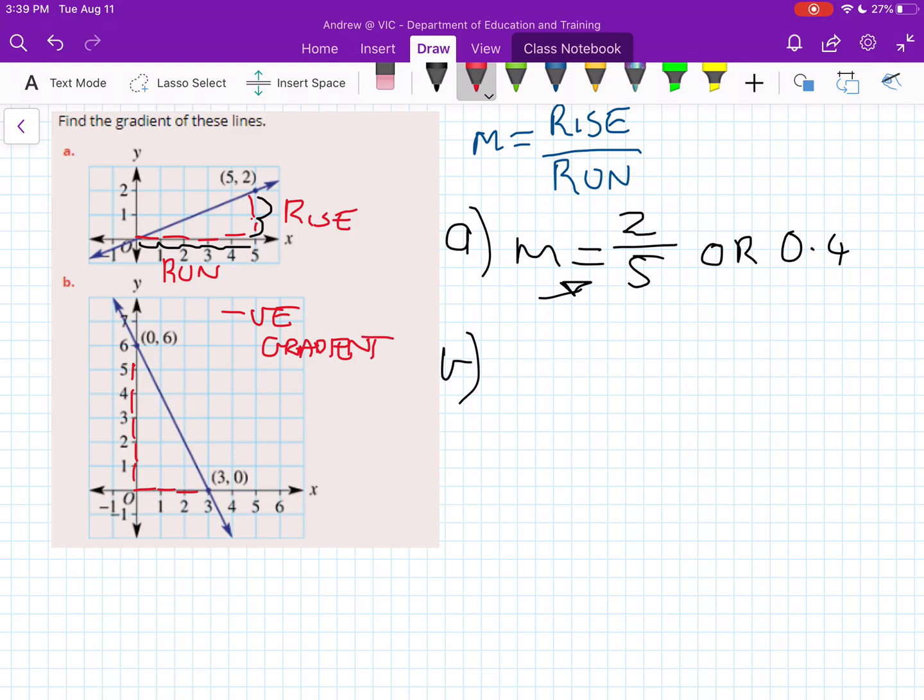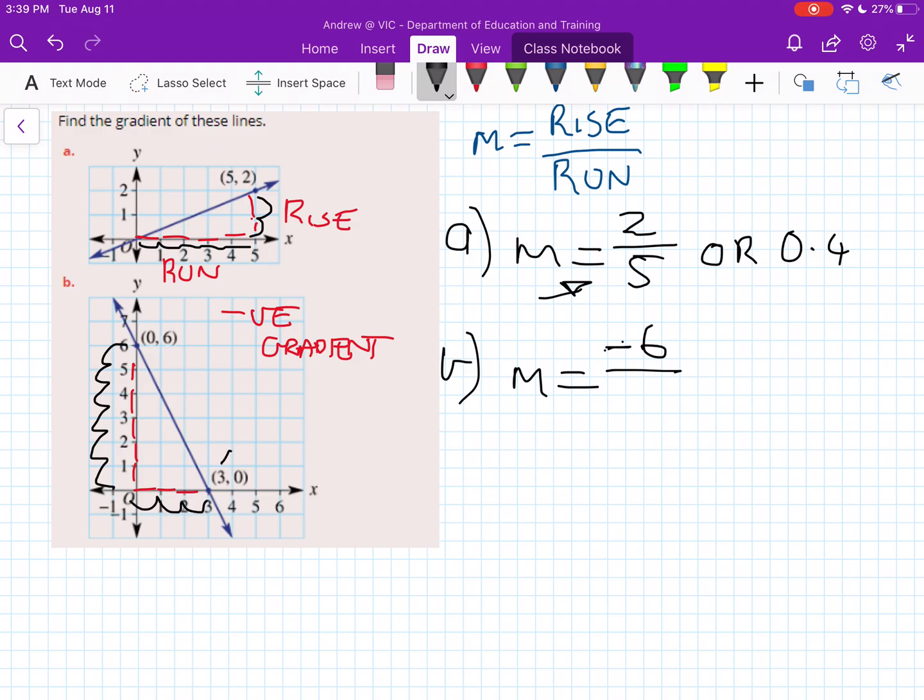But this actually comes up in our rise over run, because our rise is actually going to be a negative value because it's going down left to right. We write negative, and we look how far it's gone down. So this one's gone down, and hopefully you can see it's gone down 6 places because we're looking back at the y-axis there. So it goes down -6, then we need to work out how far across it's gone.